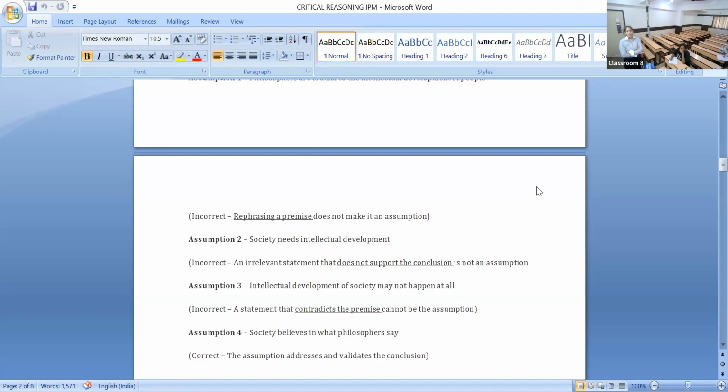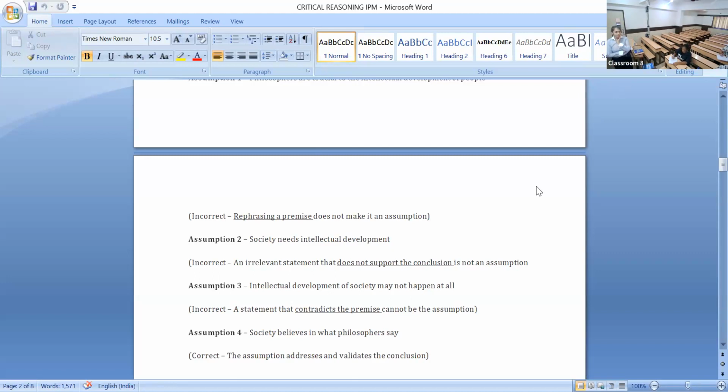Third thing, you can see over here, may not happen at all. So you can see this contradicts the premise. Yes, please. Aditya, you want to say something? No, ma'am. Okay, you can write down the third thing: do not contradict the premise.